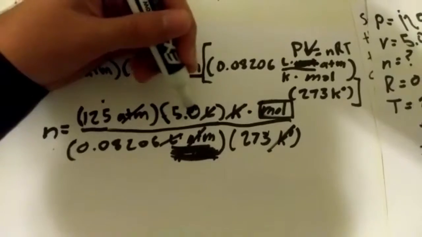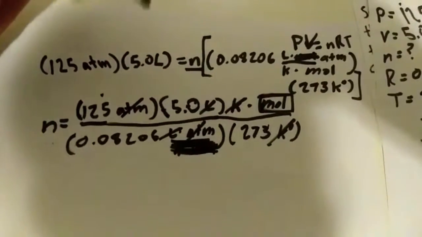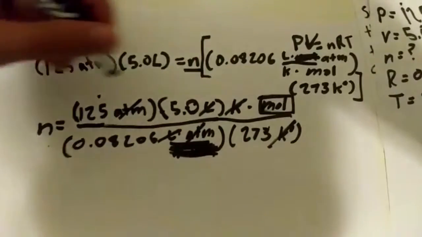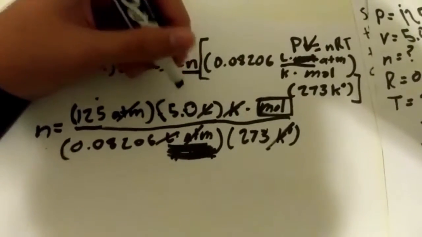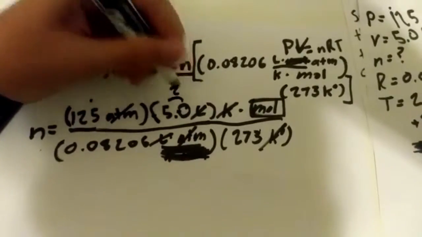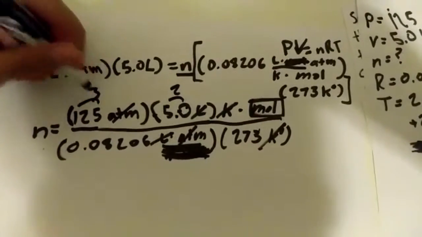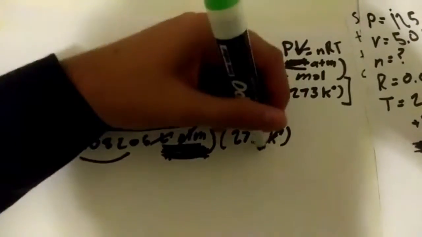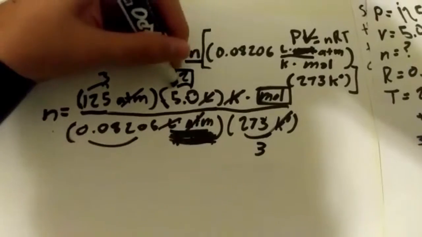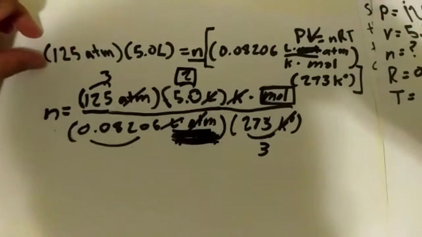Whenever we multiply and divide, remember that we should always keep the lowest amount of sig figs. The number with the lowest amount of sig figs in this case will be 5.0, because that has 2, 125 has 3, this has a lot, don't even worry about that, and this has 3. So we know that our final answer must have 2 sig figs.